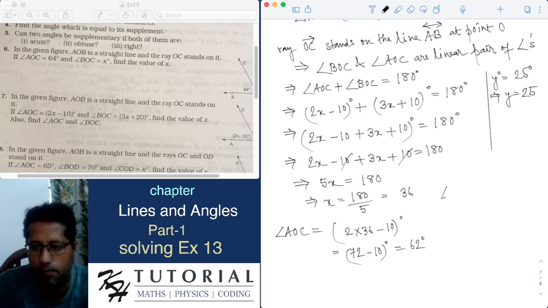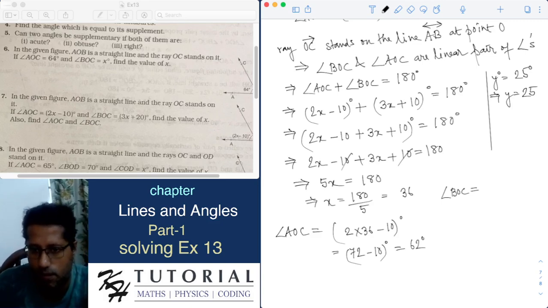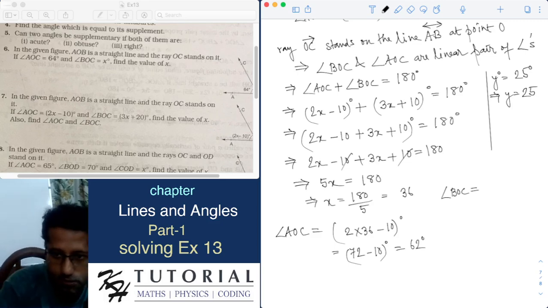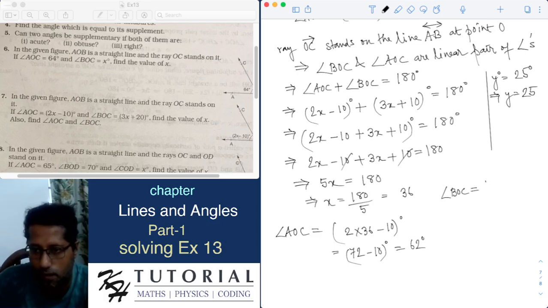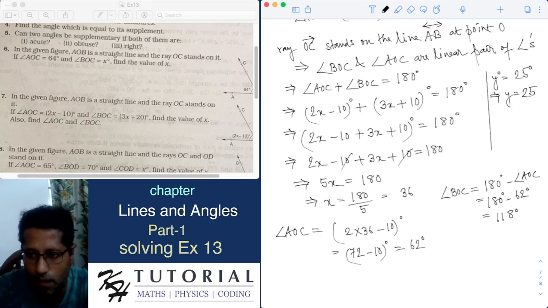And angle BOC you can find as 180 degree minus angle AOC, since they are linear pair of angles. This is one way of solving angle BOC, which will be 180 degree minus 62 degree. Angle BOC is 118 degree.